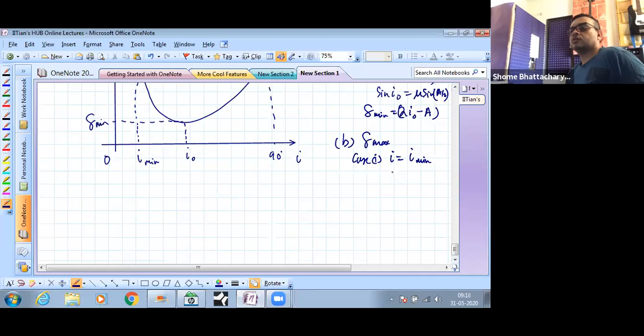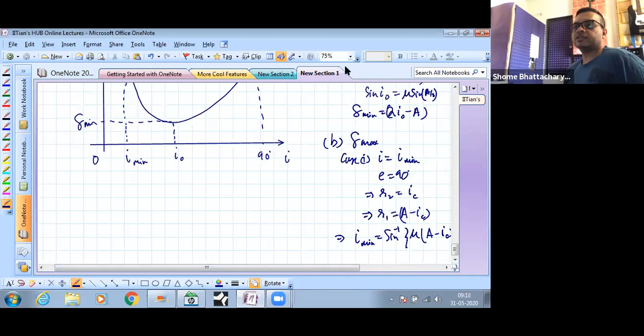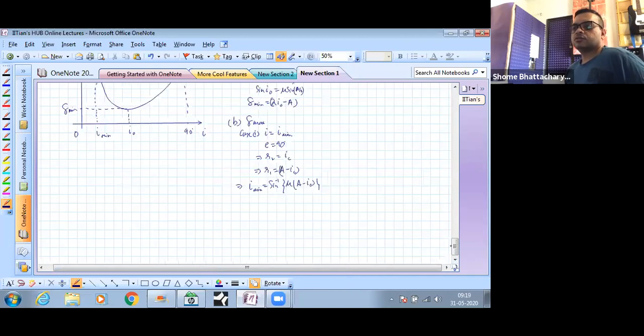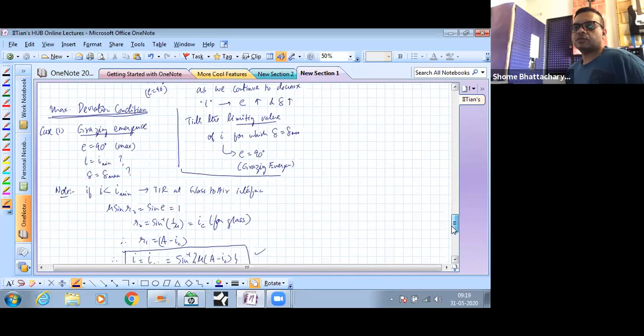So emergence is equal to 90 degrees, which means that r2 is equal to critical angle, which means that r1 is A minus critical angle, which means that i minimum is sine inverse of mu into A minus critical angle. That is the complete condition. So there is also case 2, so I'm coming to that, but you will understand that from reversibility.